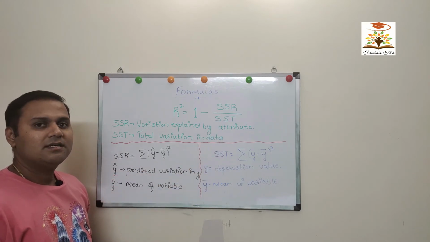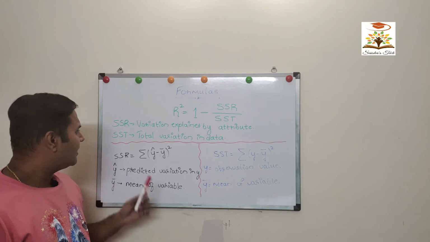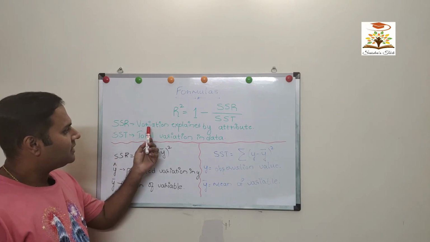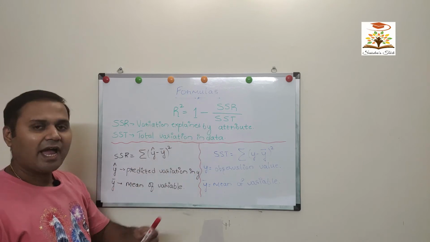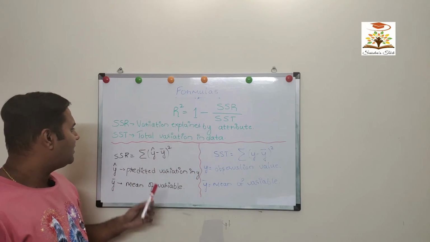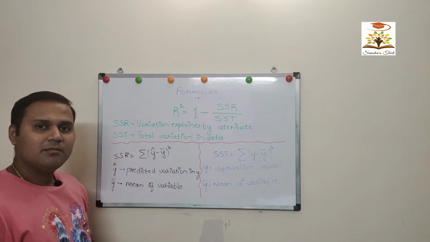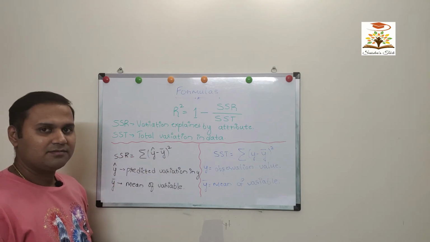Now, what are SSR and SST? SSR provides us the information of variation which is explained by the attribute. Similarly, SST represents the total variation which is present in the data.